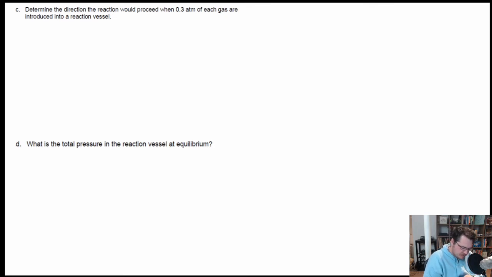So what we're going to do now is simply calculate what Q is. Again, I'm just going to write out the equation right here for myself. So it's 2NO gas plus O2 gas yields 2NO2 gas.